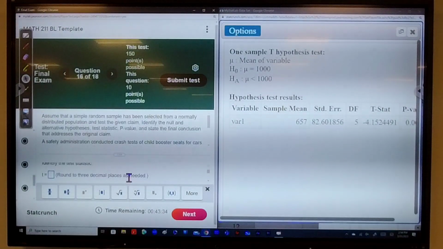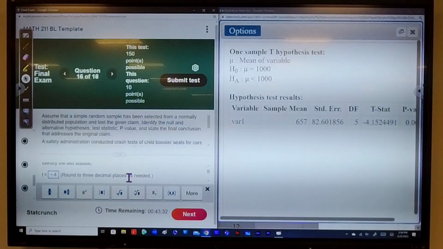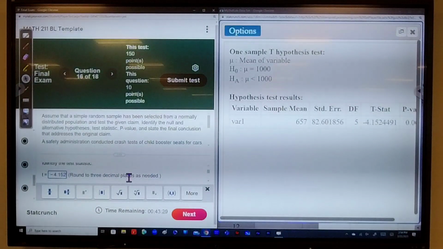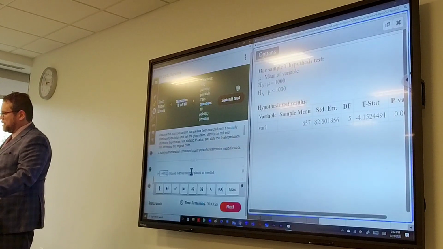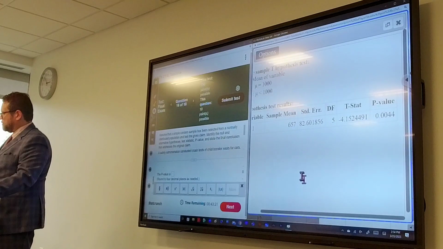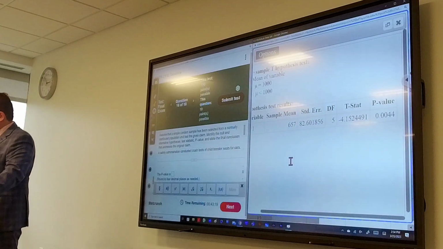To 3 decimal places it is minus 4.152. And the p-value to 4 decimal places is 0.0044.